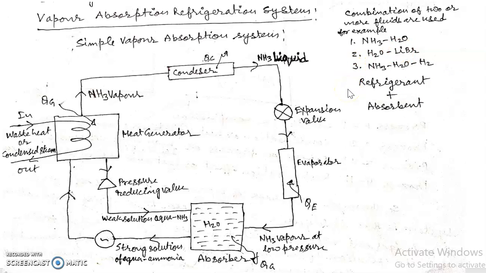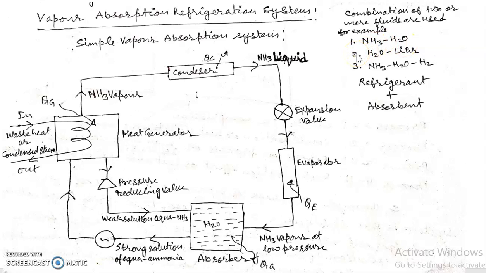So in vapor absorption system, we require at least two fluids, and these fluids are known as refrigerant and absorbent. Take the case of ammonia and water combination. This is called aqua ammonia refrigeration system. In it, NH3, that is ammonia, acts as refrigerant, whereas water acts as an absorbent.